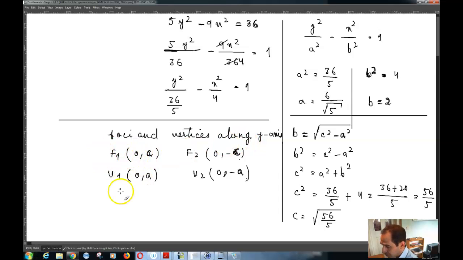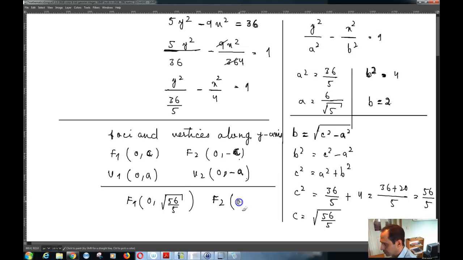So that means that f1 is supposed to be (0, c), which is (0, square root of 56/5), and your f2 is going to be at (0, negative square root of 56/5), and your v1 is going to be at (0, a), which is basically a equal to 6 over square root of 5.